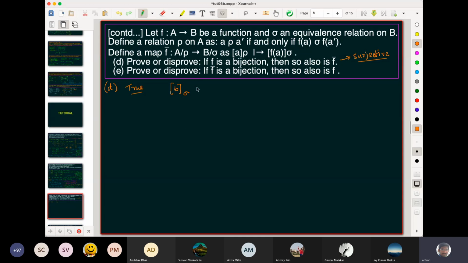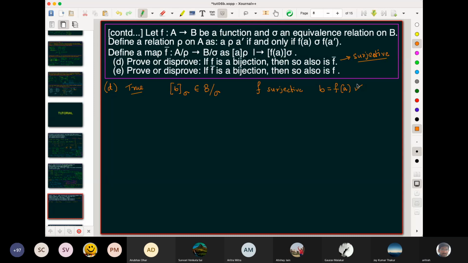So take any class which belongs to here, right? Since F is a bijection, it is given, so F is surjective as well. Therefore, for any B, we have a corresponding A such that this holds.